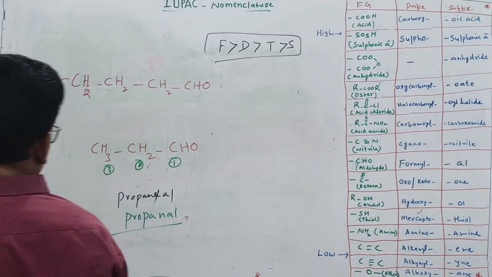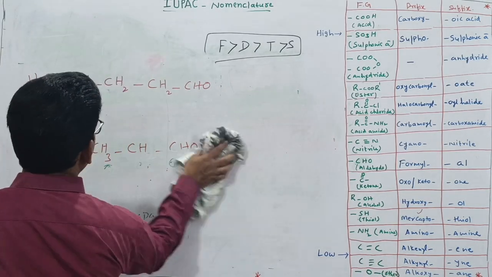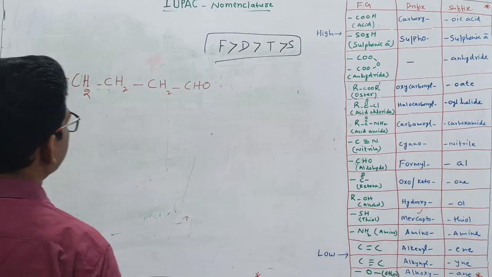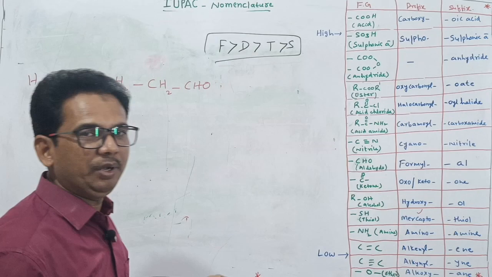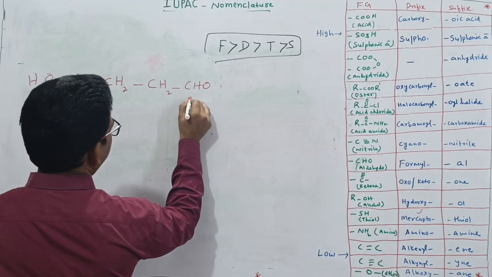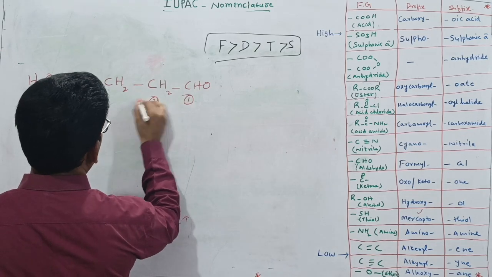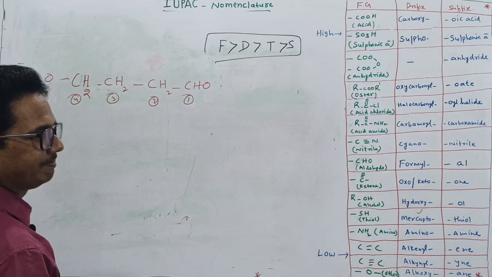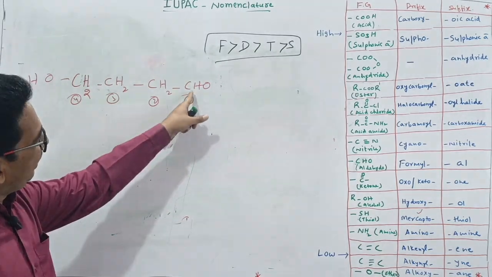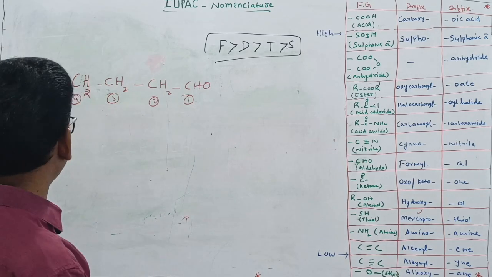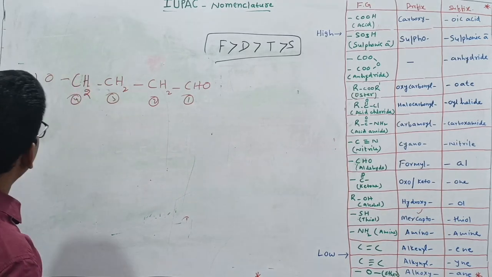Then how will you give the name for this one? Numbering first. किसको value देना है? MLA को, MP को? जल्दी बोलो. MP. 1, 2, 3, 4. Aldehyde is also having the carbon. That's why we have to count that carbon also. Now what will the name come?